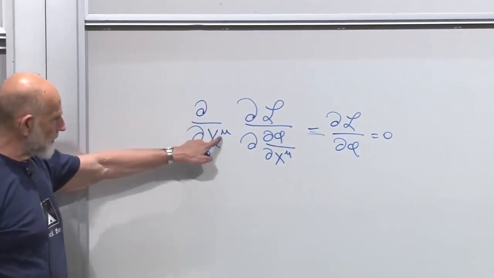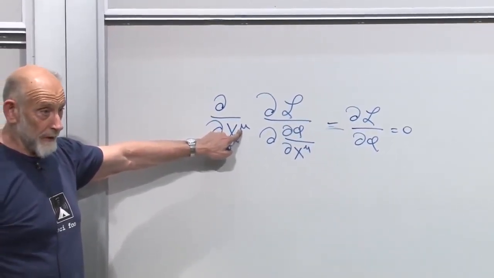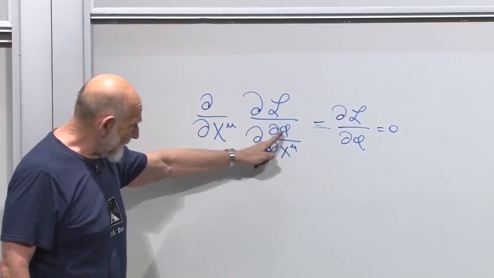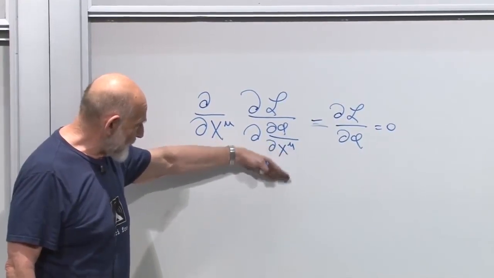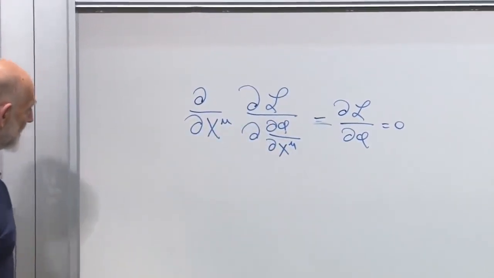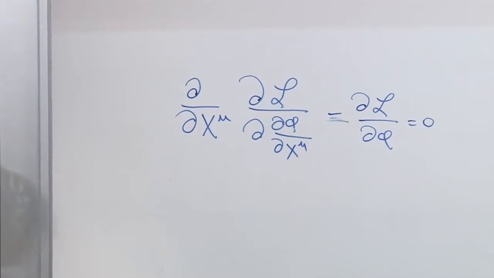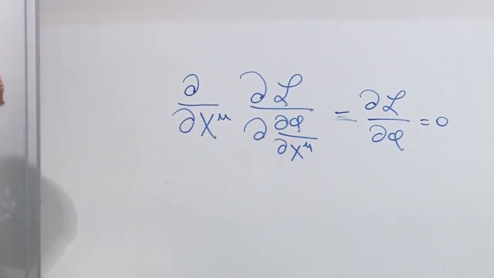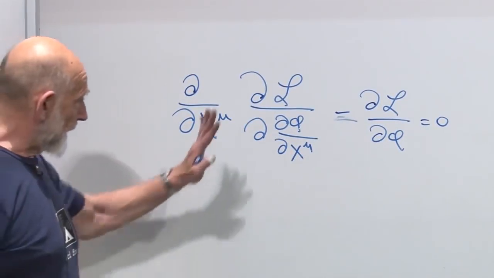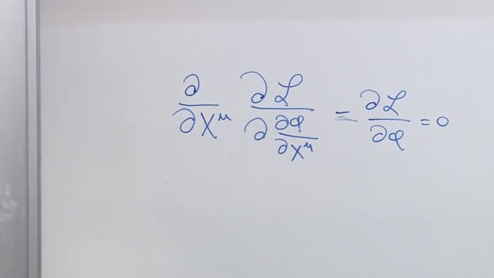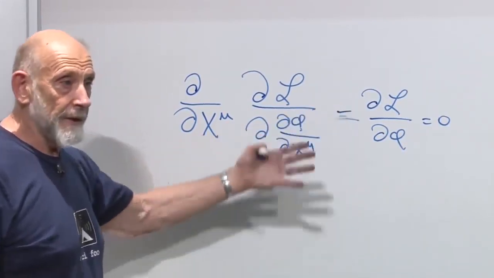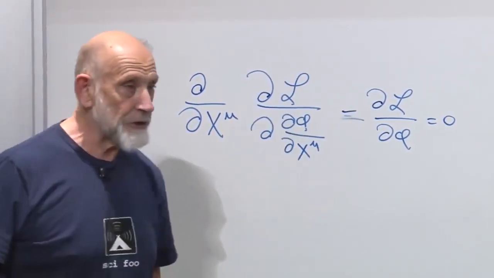D by dx mu is a covariant index, a downstairs index. In the denominator, you have d phi by dx mu, which makes this an upstairs index. This is a lower index times an upper index, and you can see that this equation has some nice relativistic structure. Upper indices and lower indices contracted, and everything is a scalar.